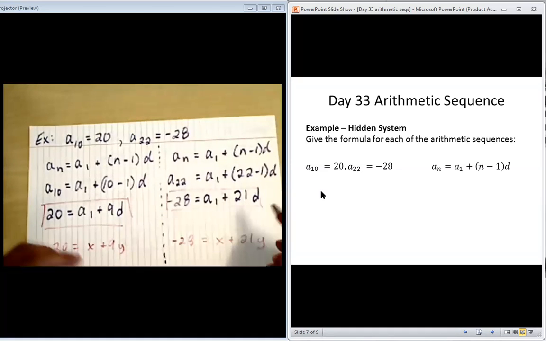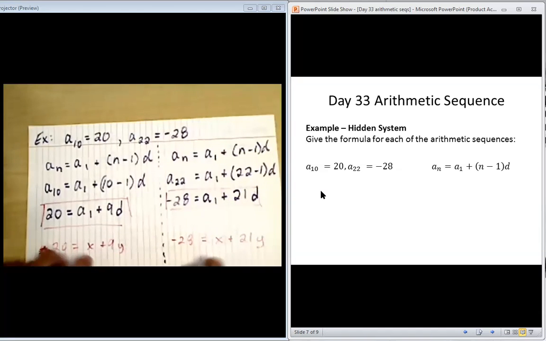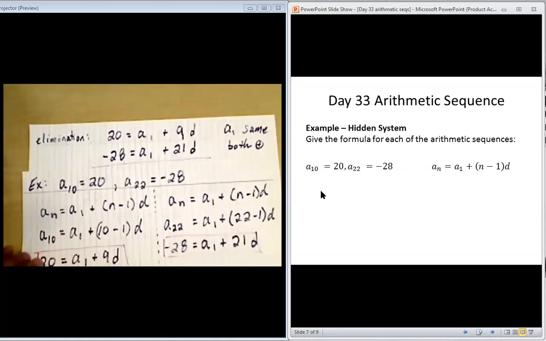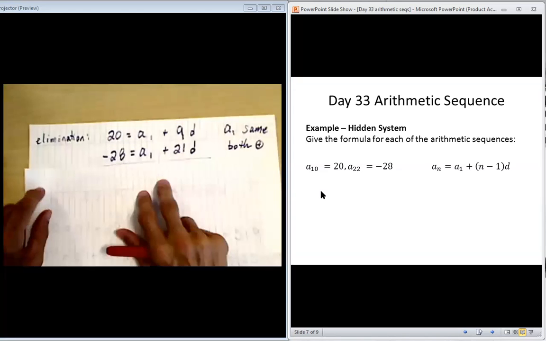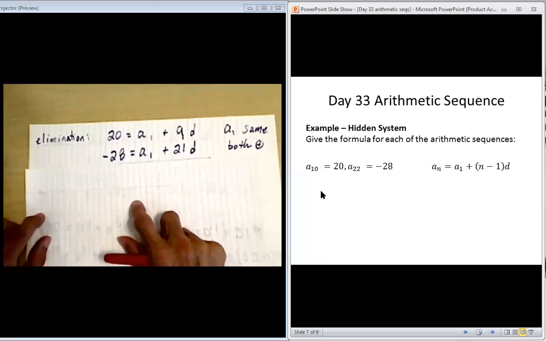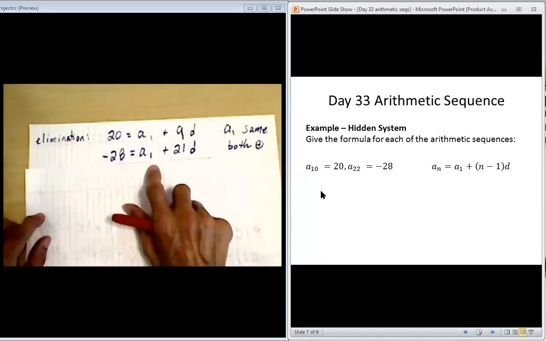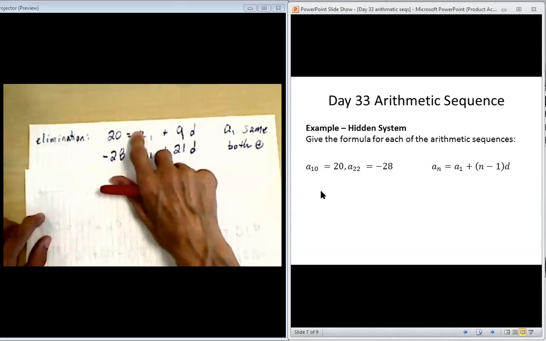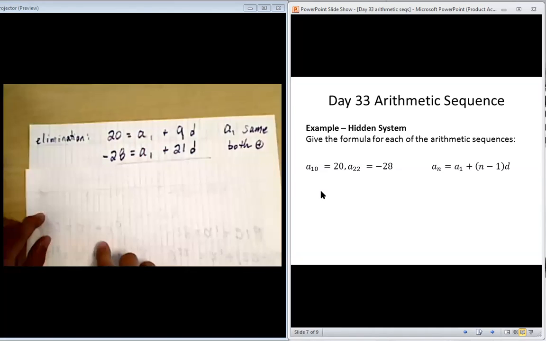And these now we put together in order to solve for not x and y, but a1 and d. So we do that with elimination. Those are the two equations. Then you have to decide if we're going to add or subtract, because the signs are the same. We subtract, we minus.